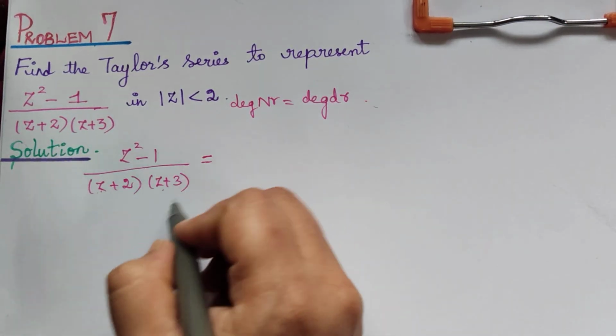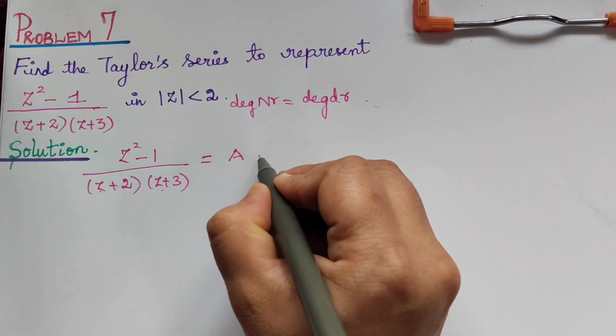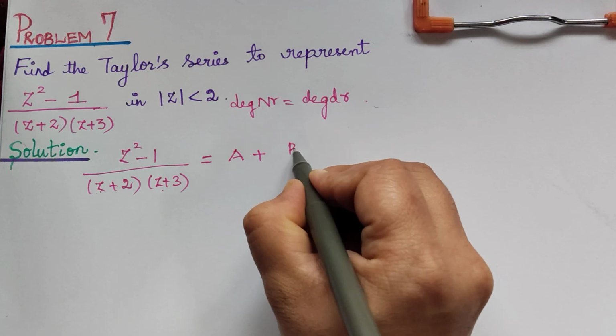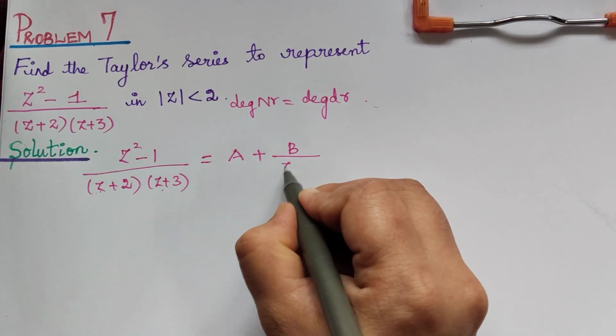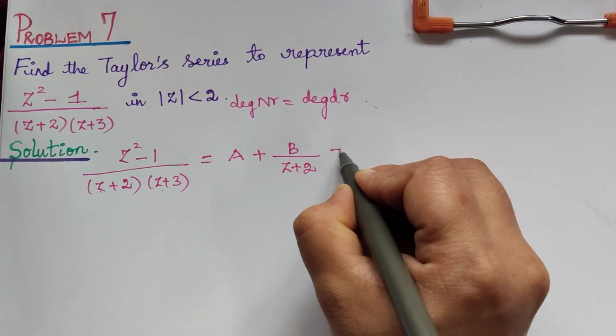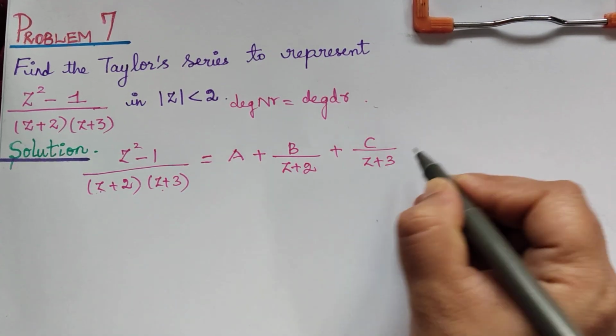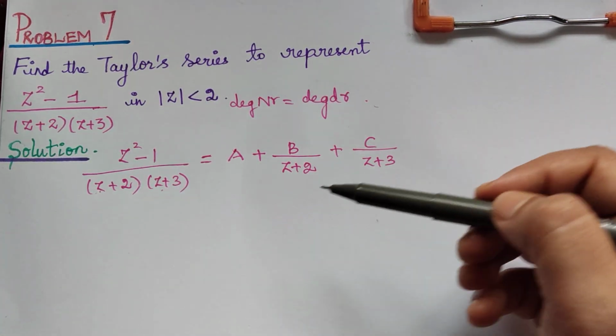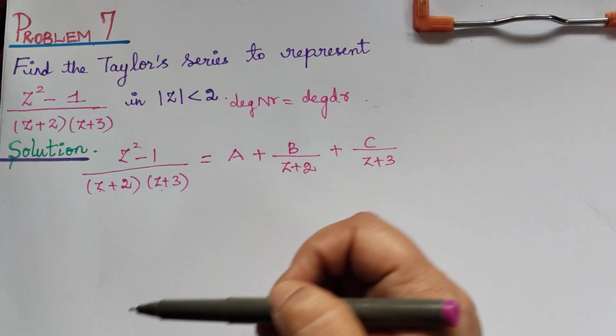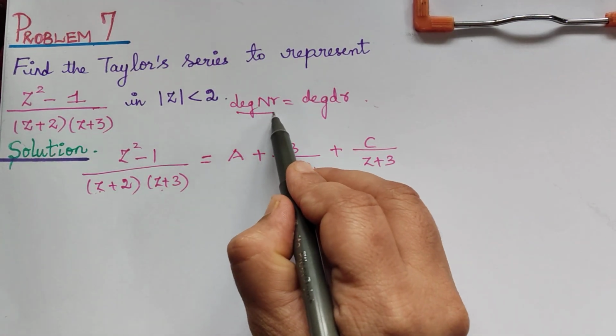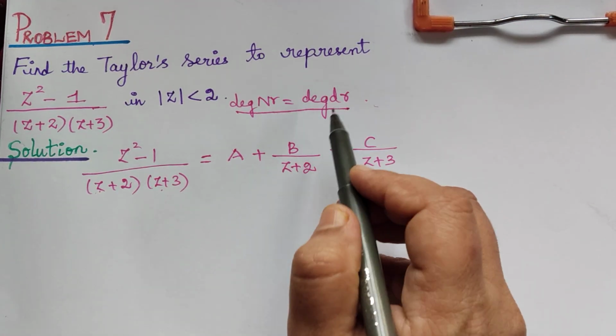So in such a case, this can be split up as a plus b divided by the first factor, z plus 2, plus c divided by the second factor, z plus 3. So this is how we have to split up using partial fraction whenever the degree of the numerator is equal to the degree of the denominator.